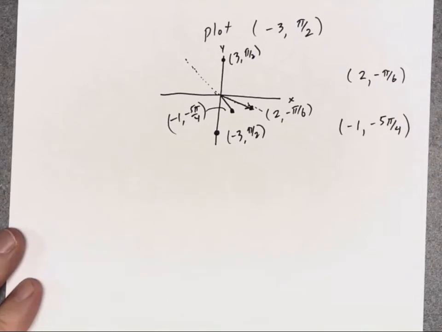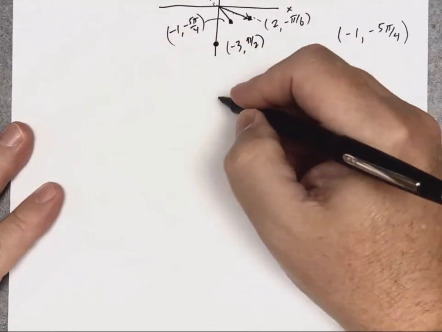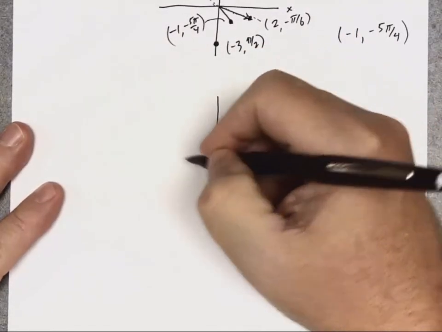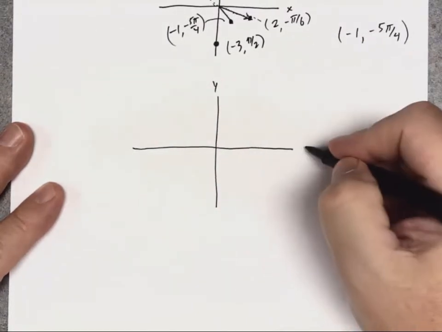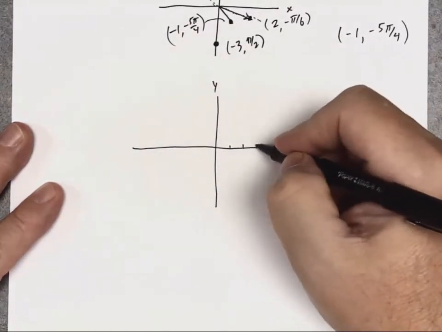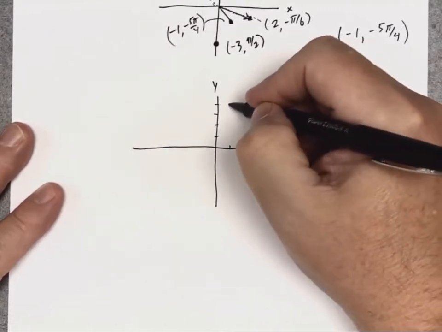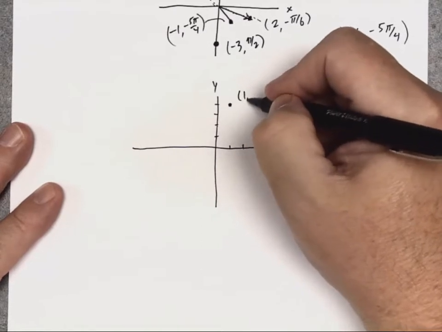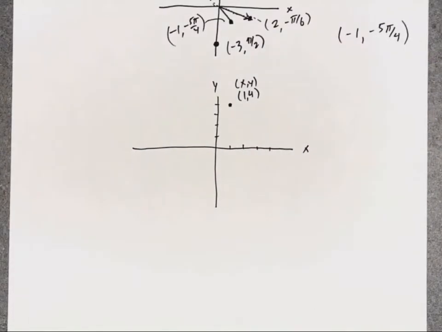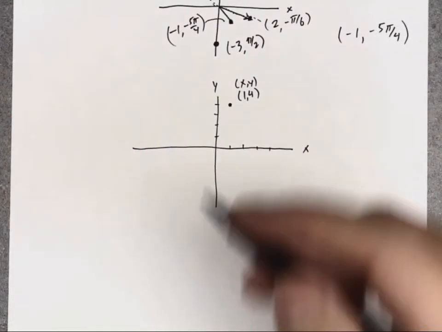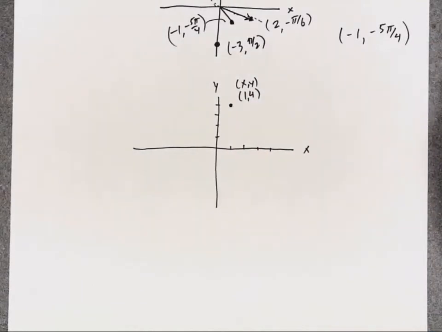Now here's another interesting thing when you start working with polar coordinates. Just as a basis of comparison, when I plot a point in the old traditional XY coordinate system, if I go plot the point (1, 4), this point is 1, 4 and only 1, 4.